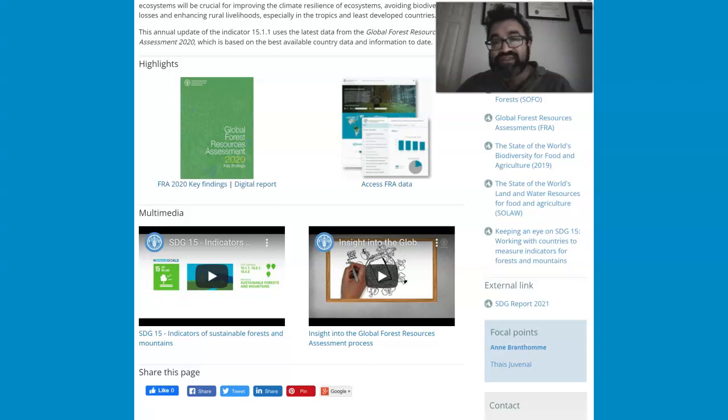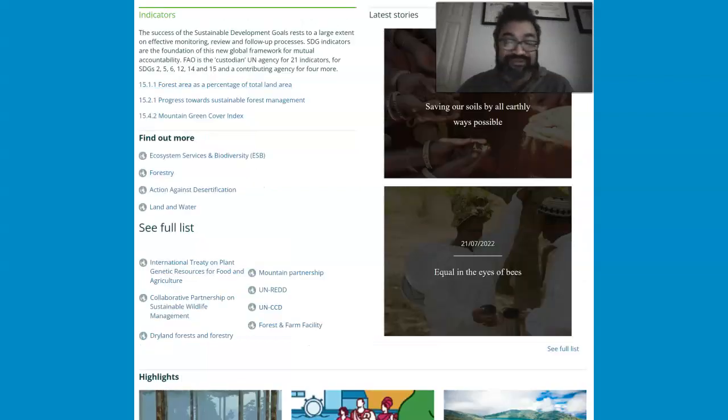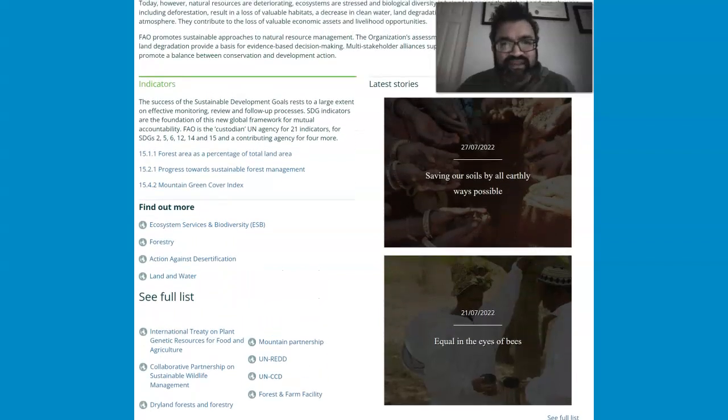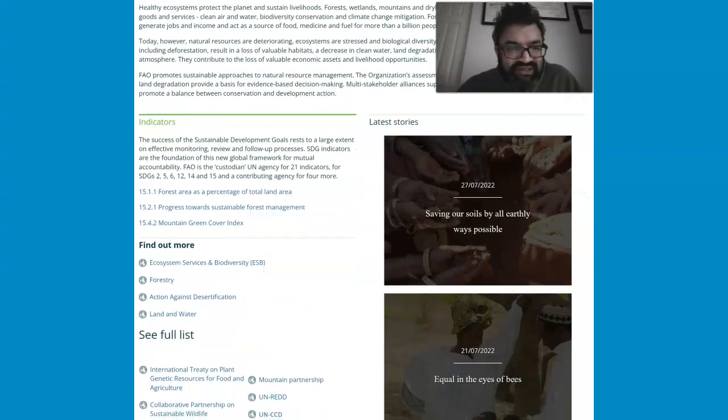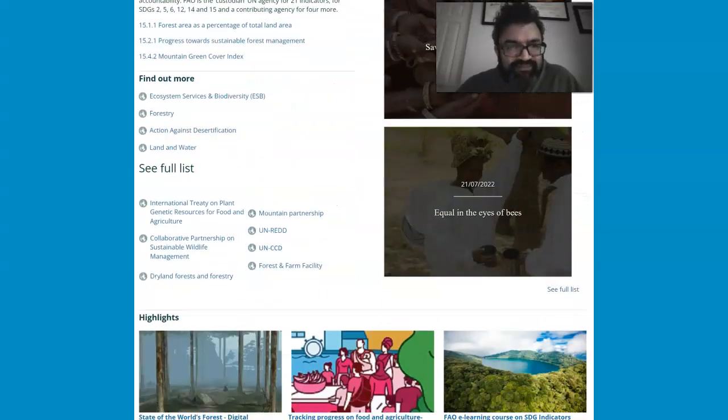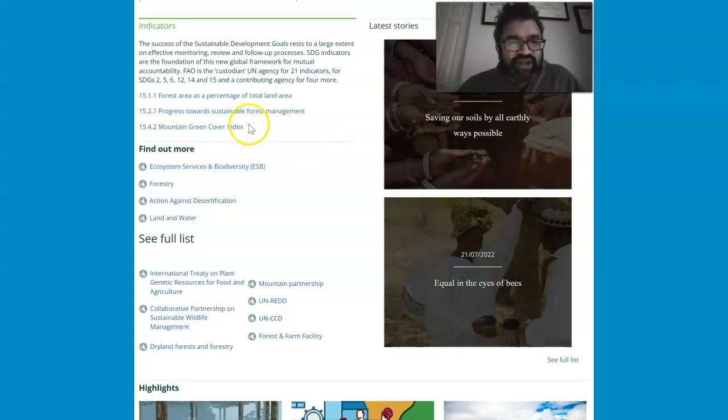If I go into every single link, it will be beyond the scope of what I can go over here. But again, there are 21 indicators, and some of these, like progress towards sustainable forest management, are also important, so we can make sure that forests are maintained.